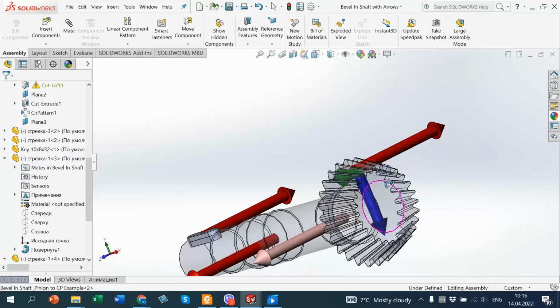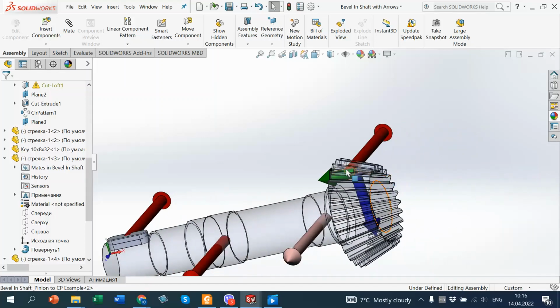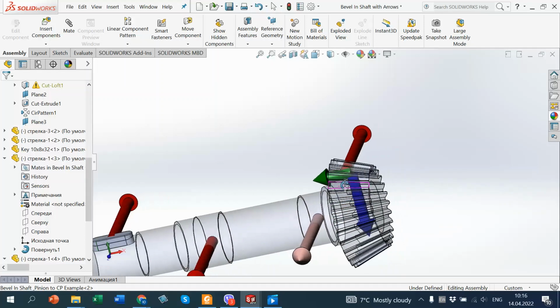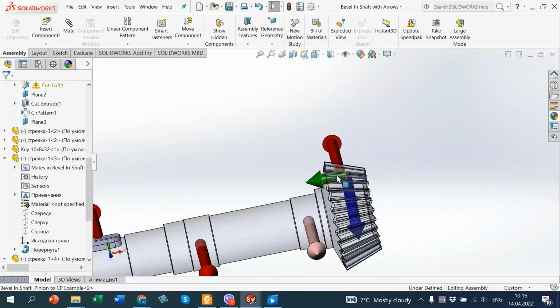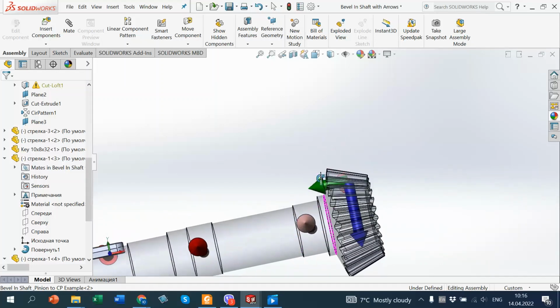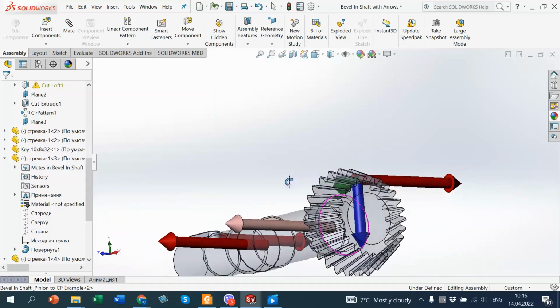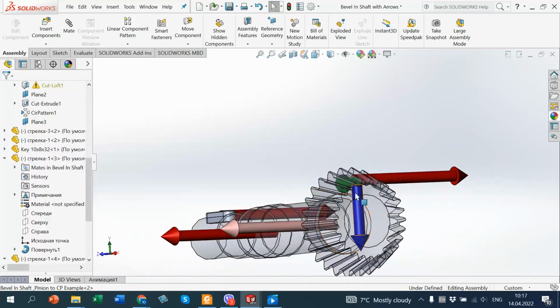And we know that axial force acts along axis of shaft. But we have some distance between axial force and axis. We can calculate force, tangential force.